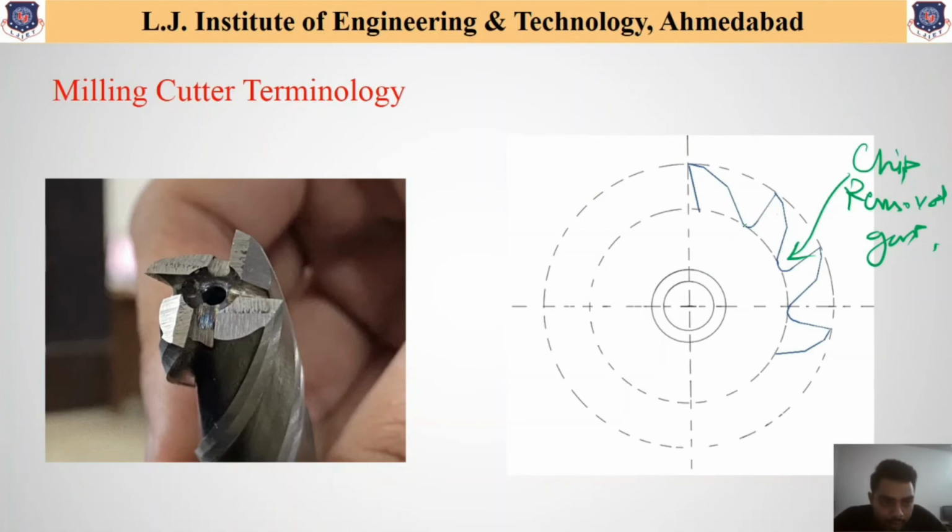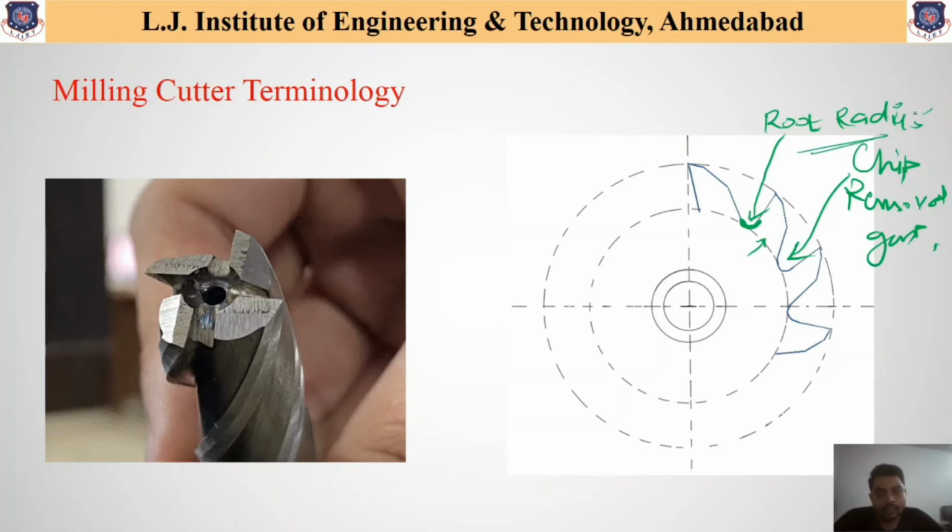Now again, as we have discussed, this is the root circle and the diameter of this circle is called the root diameter. Similarly, over here a certain radius is available which helps for easy movement of the chip, and as it is available at the root circle, this radius is called the root radius.